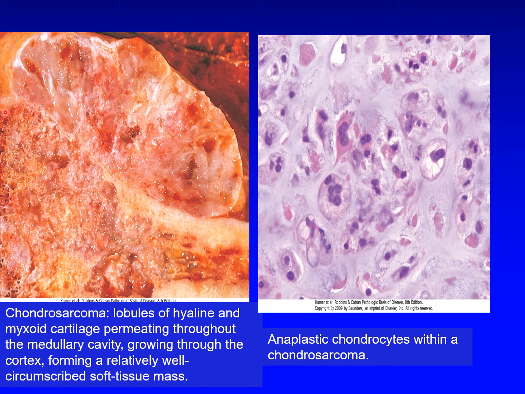This is a gross picture of osteochondroma affecting the long bone. You can see this is the metaphysis area, the epiphysis and the diaphysis. So you can see the tumor just protrudes out from the cortex, and it has this lobulated appearance of hyaline and myxoid cartilage.